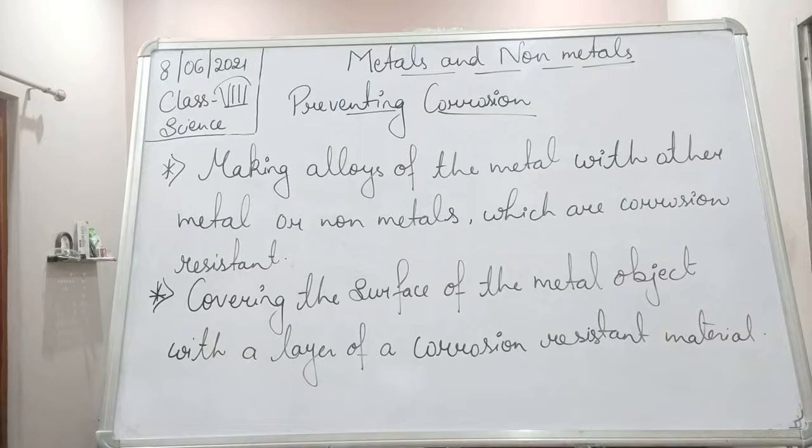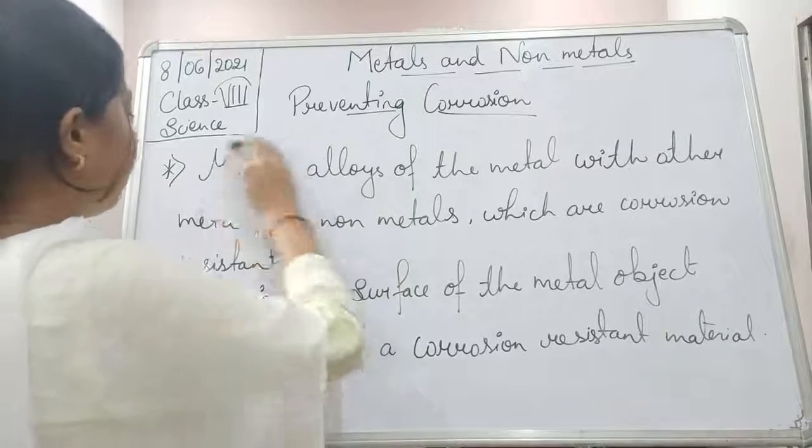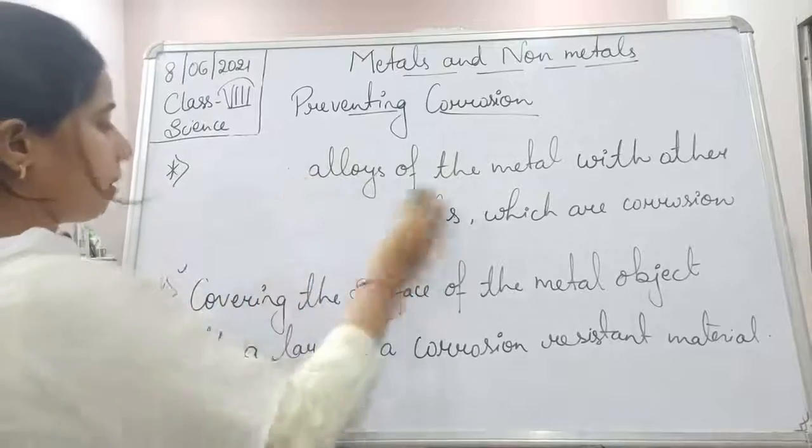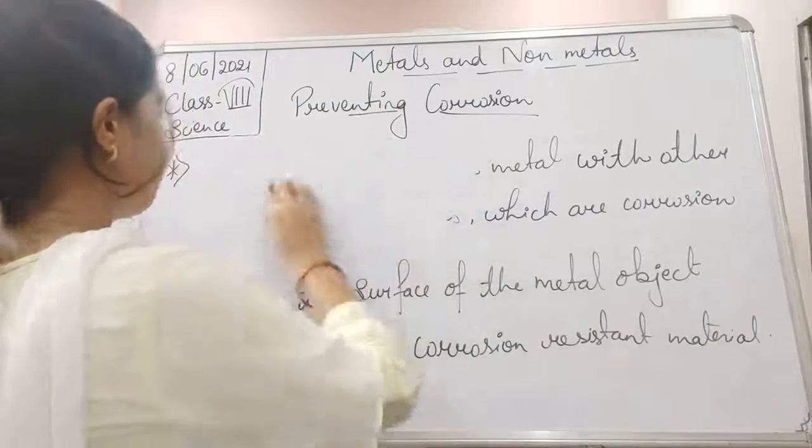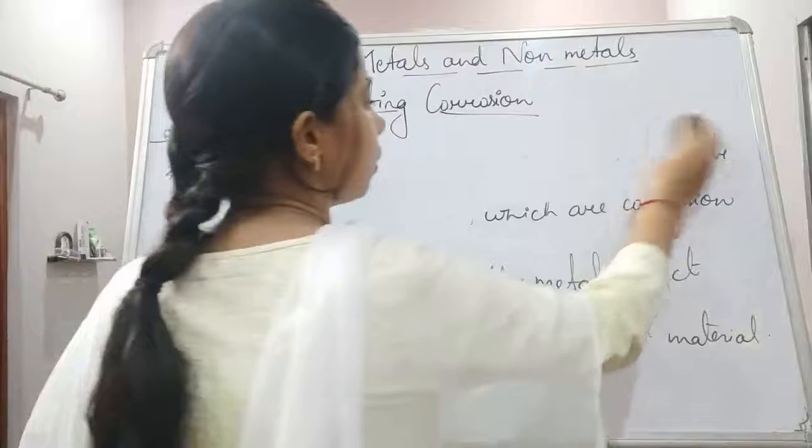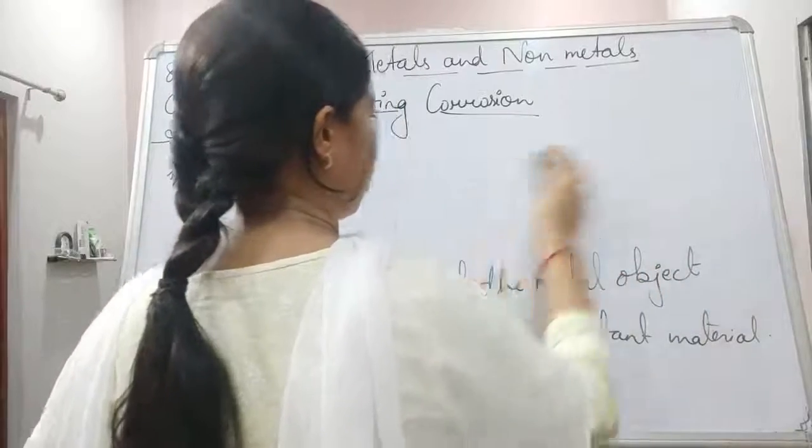Basically what happens here is that the body of iron, or iron metal, is covered by molten zinc. That is called galvanization.